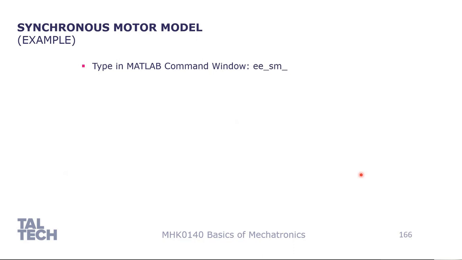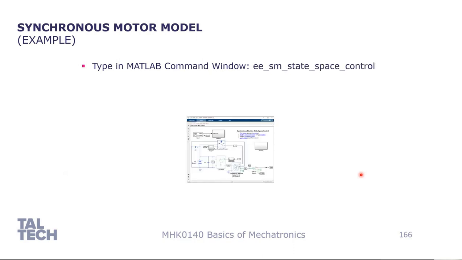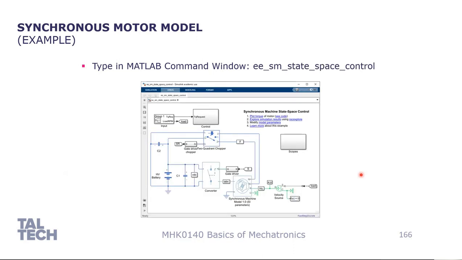In a similar way, there is an example of the synchronous machine. One of these is the synchronous machine state space control. It is not only about the electrical machine, but also about the control techniques and different applications of this technique.